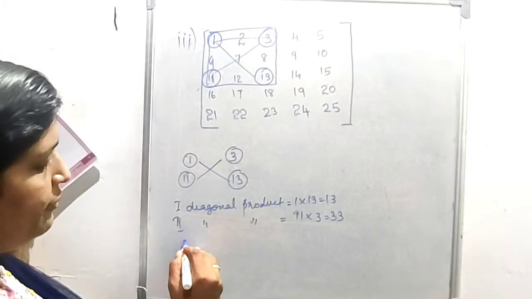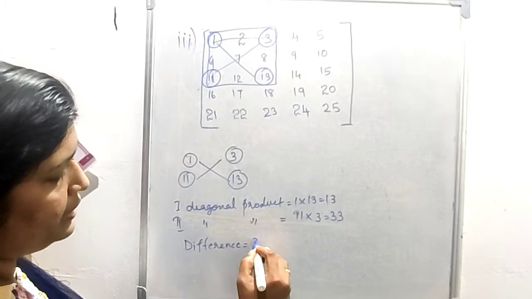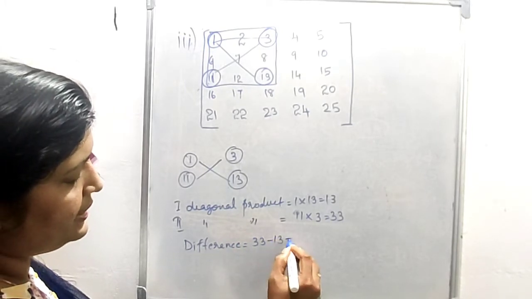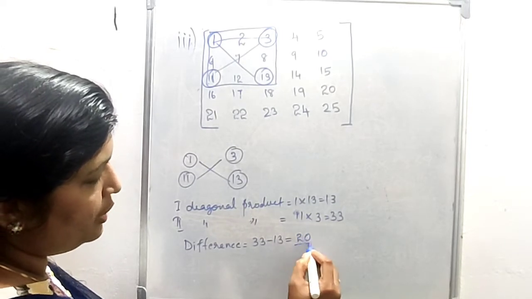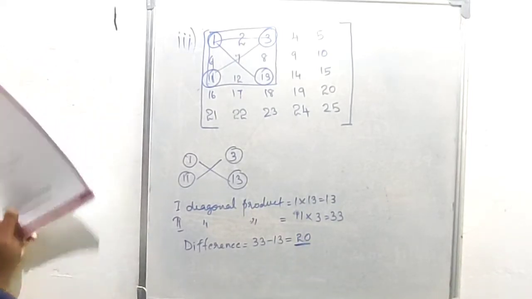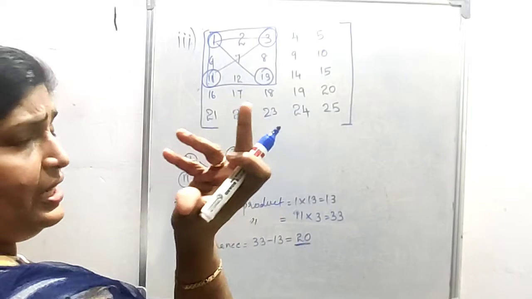Then what about the difference in their diagonals? The difference in the diagonal product is equal to 33 minus 13. So that is equal to 20. Now we can take another set of 9 numbers. You can take any numbers.